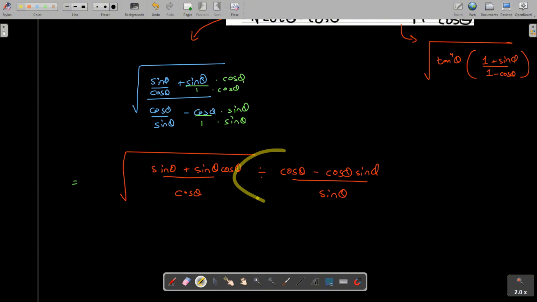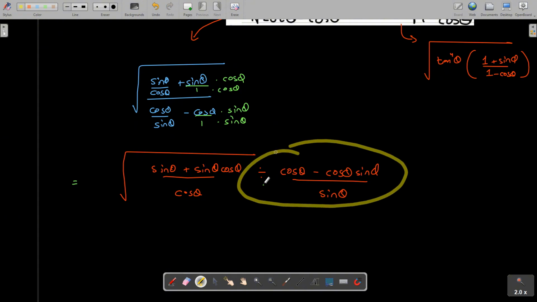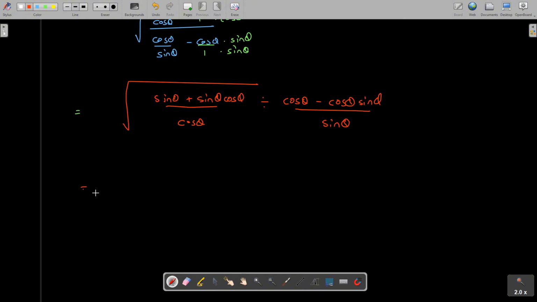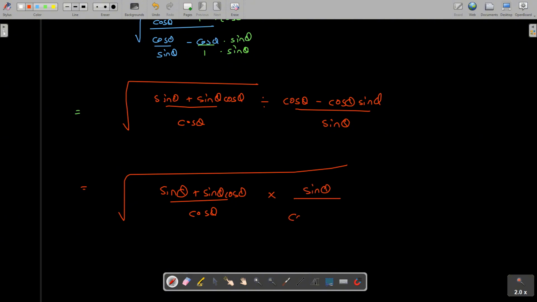What I would like to do first is take the reciprocal over here so we can easily multiply this. So let's take the reciprocal, sine theta. Sine theta plus sine theta cos theta, divided by cos theta, multiplied by sine theta over cos theta minus cos theta sine theta, right?